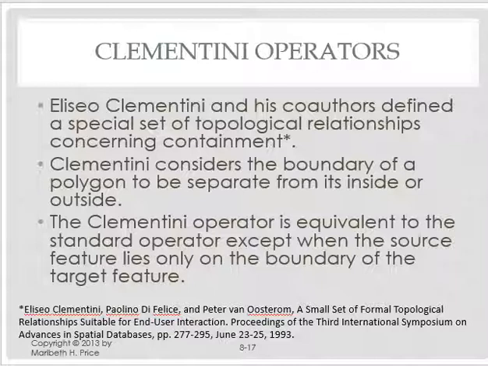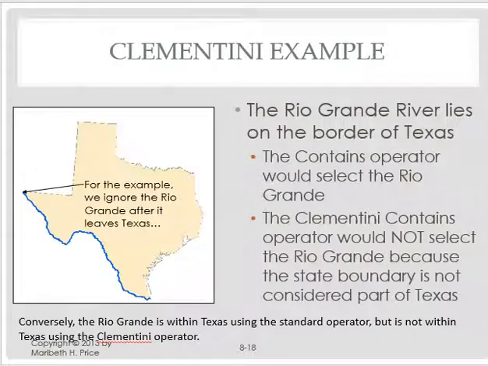So they came up with this Clementini option that would not select the Rio Grande because the Rio Grande is actually on the border, the boundary of Texas. And I'm sure that was invented and developed because there was a need to do that. I haven't run into it.